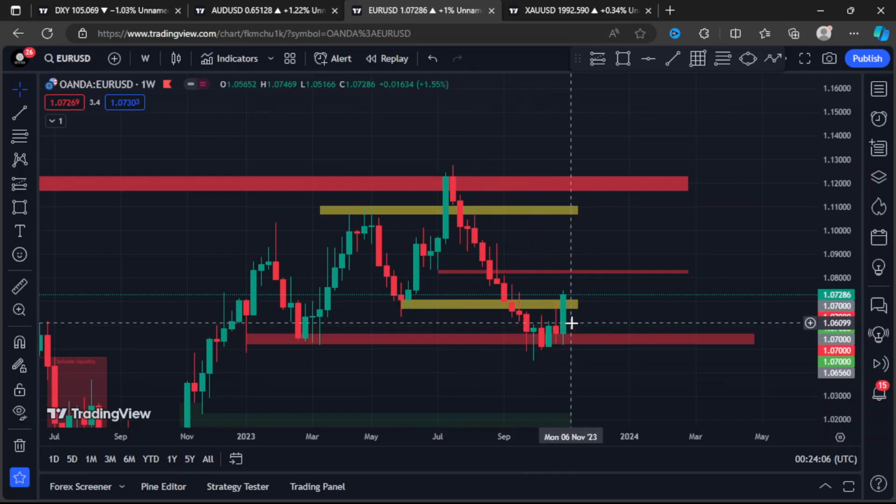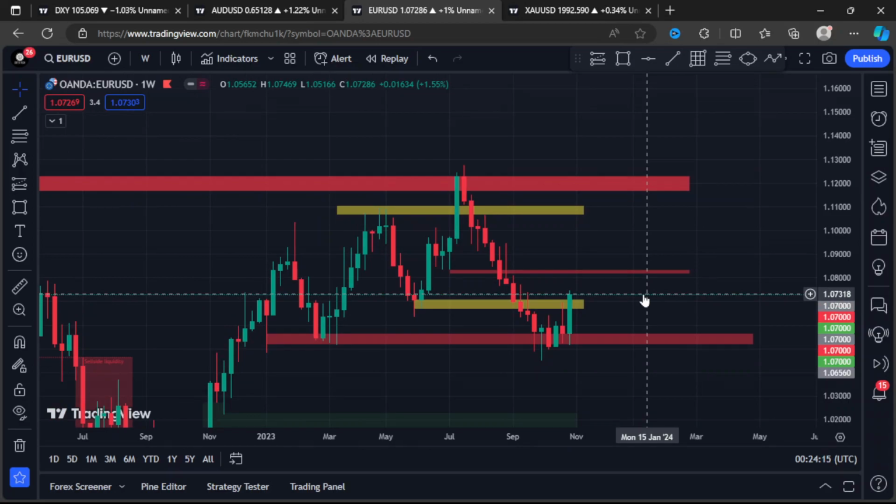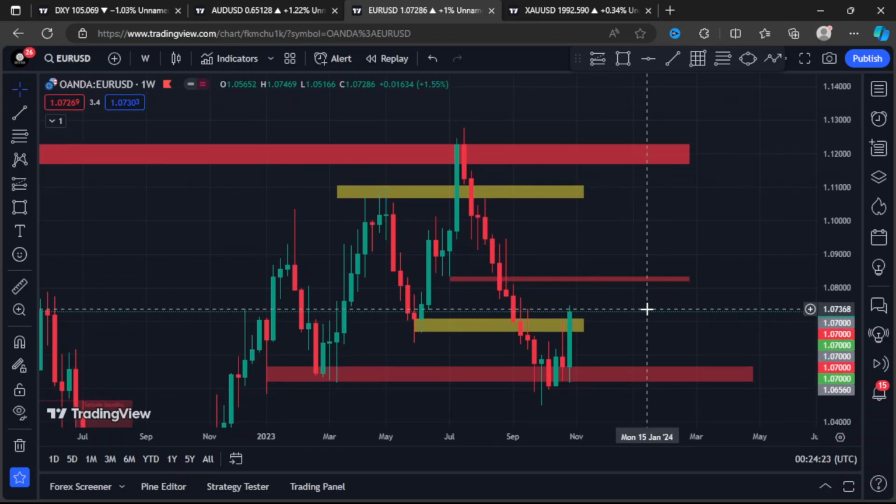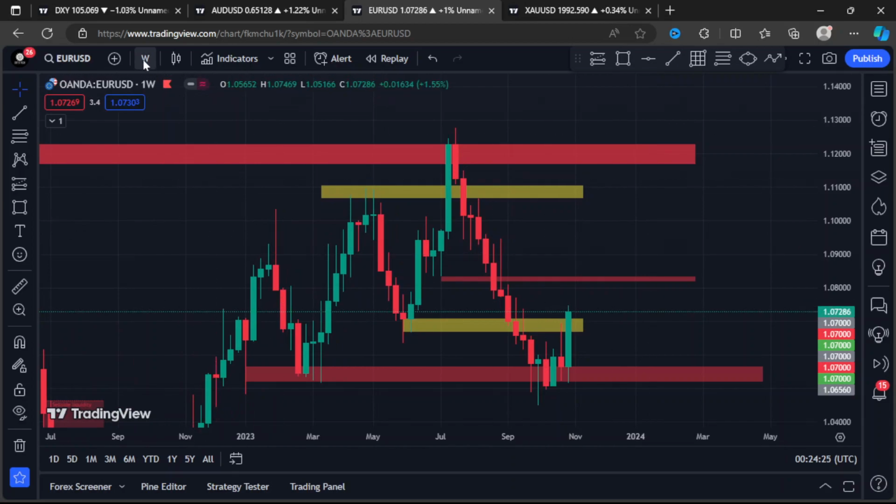You can see that price has traded above and closed above that resistance zone, meaning the bulls are very much in control. So I'm going to expect a bullish movement during the week for EURUSD.